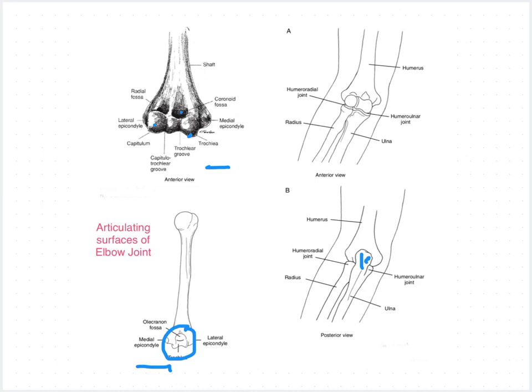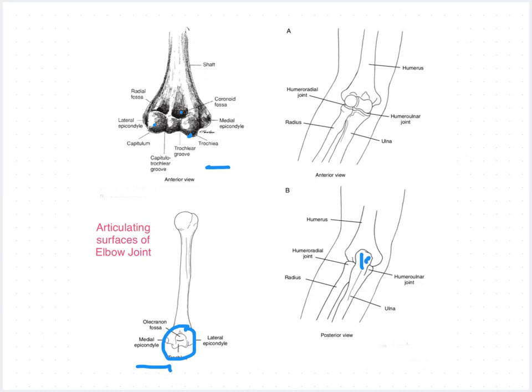Okay, and some of the fossae present on the anterior aspect are the coronoid fossa and the radial fossa. These two fossae are designed in such a way that they fit the coronoid process of the ulna and the head of the radius, the circumference of the radius into the radial fossa, during the full range of flexion respectively.